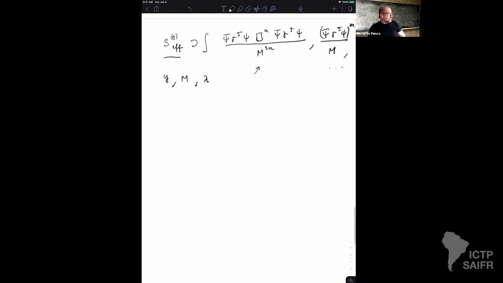In effective theories, there are only a finite number of terms that contribute up to a given order in an expansion in, in the case of this example, energy over the heavy scale.